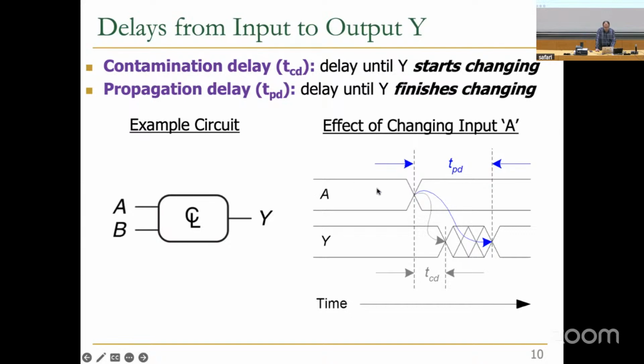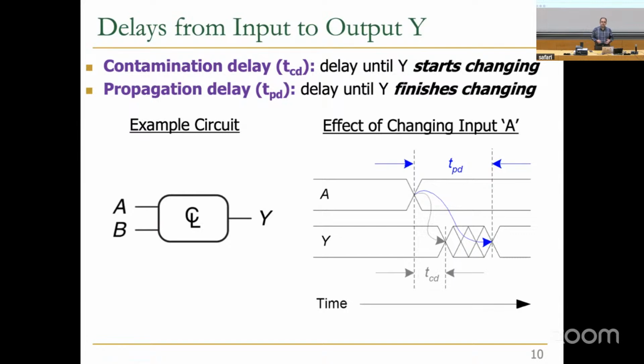The moment we start changing one of the inputs, which is A, this is the minimum amount of time you need to wait until your output starts changing. We call this contamination delay. From the start of the input change until the output finishes changing, we call this propagation delay. So that is the definition of propagation delay, and the first one is the contamination delay.